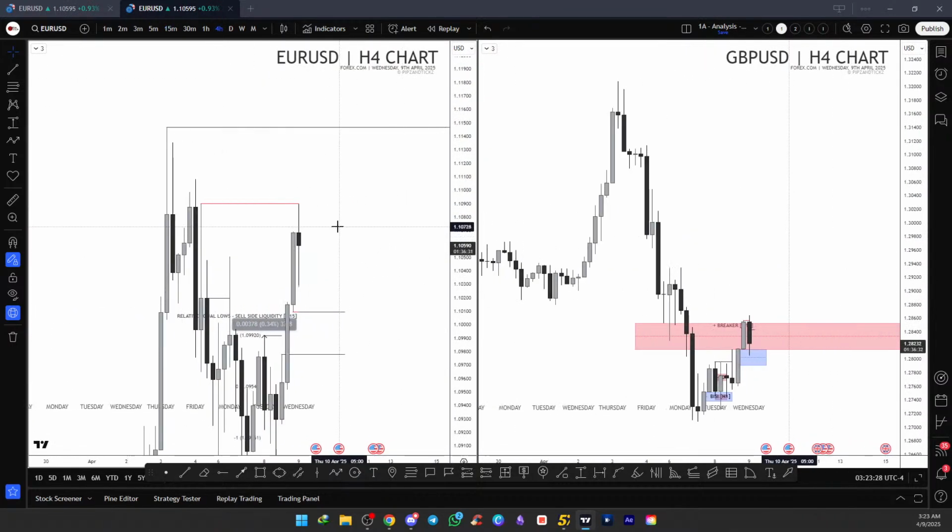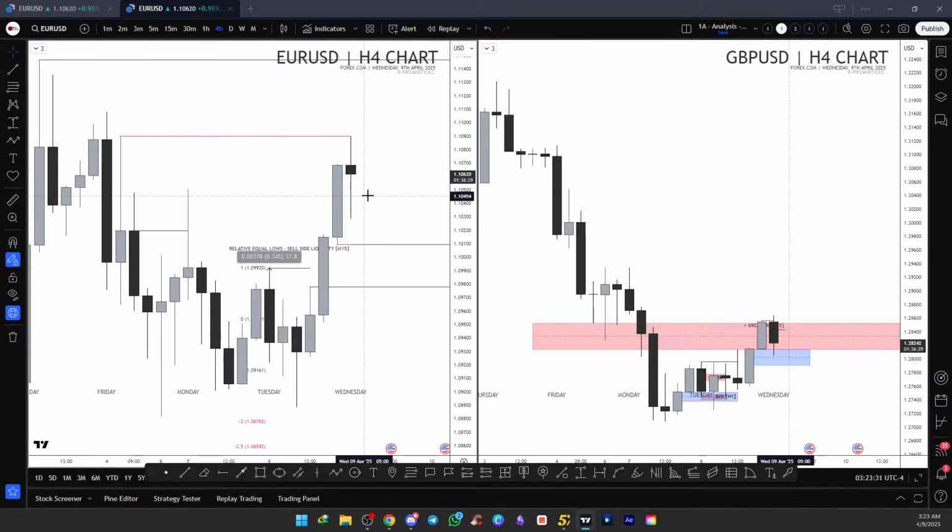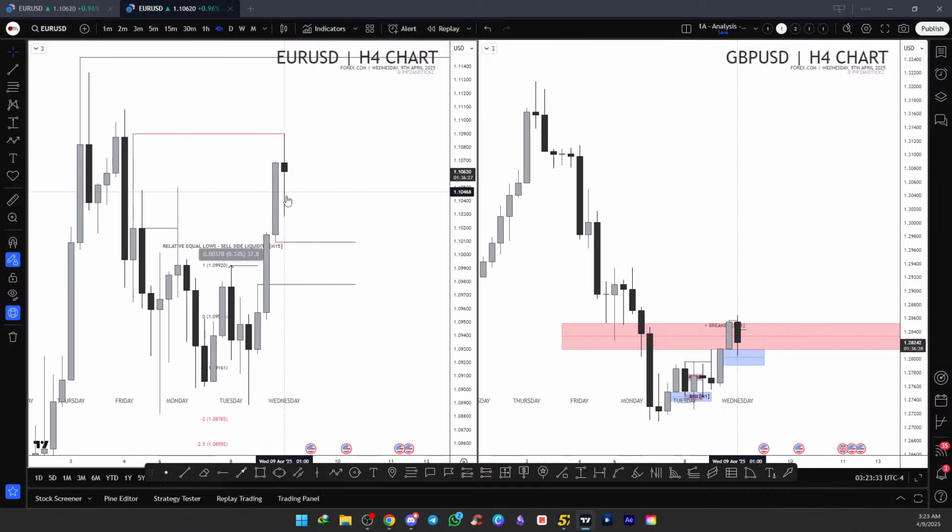See, in the 4 hours, what we are seeing is that we should ideally see price tapping into this internal liquidity because the external liquidity has been taken out here. See here. External liquidity being taken out here, and price created this buy side imbalance, sell side inefficiency.